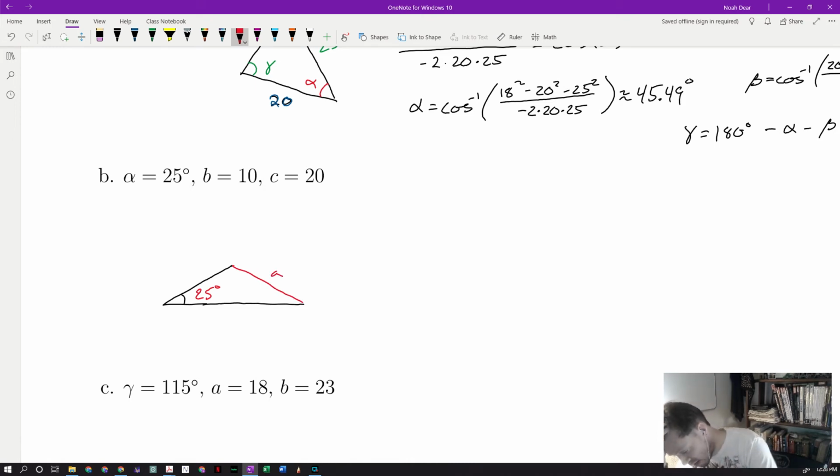Side A, side B. 10 is the shorter, so that's B equals 10. Beta in the bottom right. Gamma up top, C is 20 on the bottom, that long side. And so let's get side length A first. So A squared equals B squared plus C squared minus 2BC times the cosine of alpha.